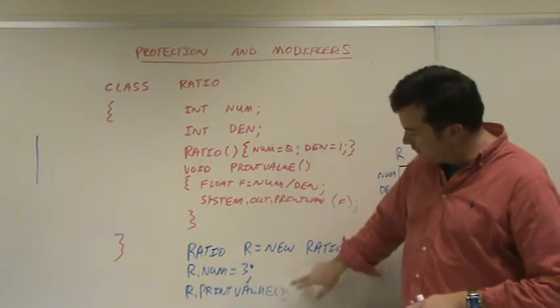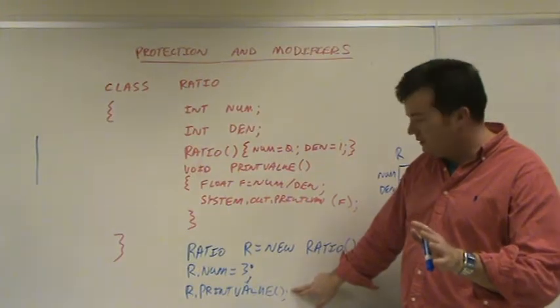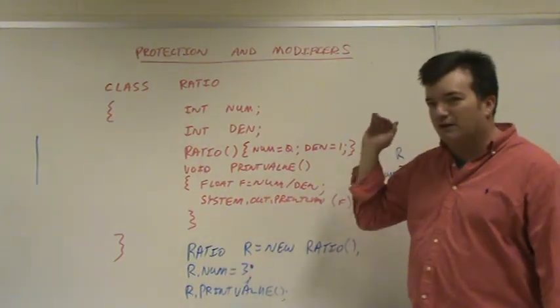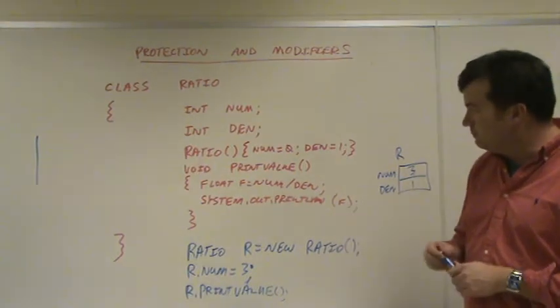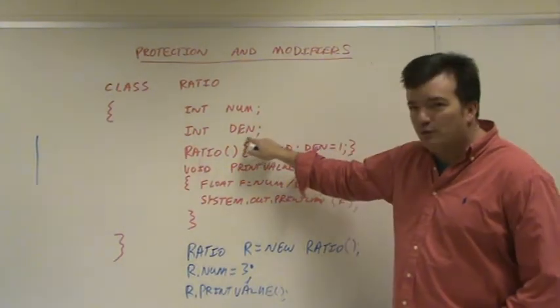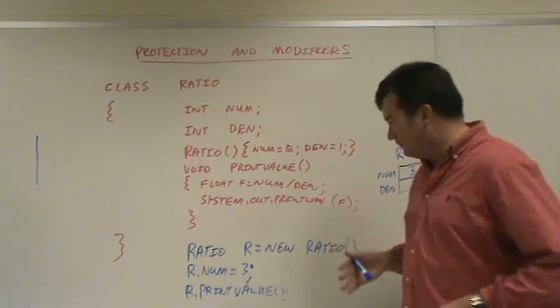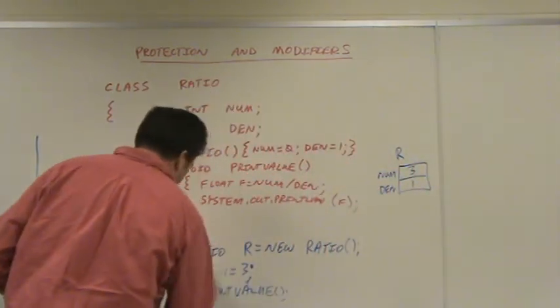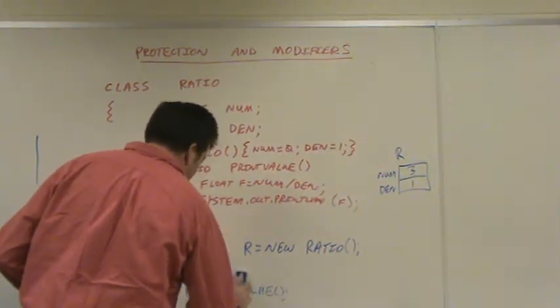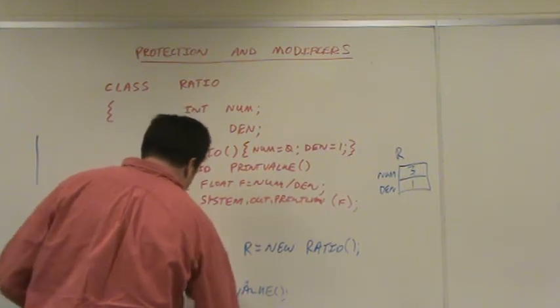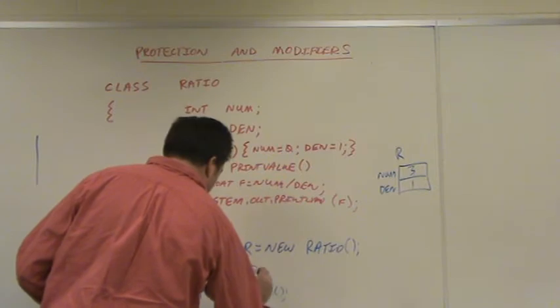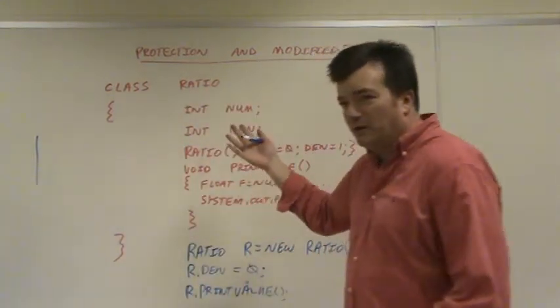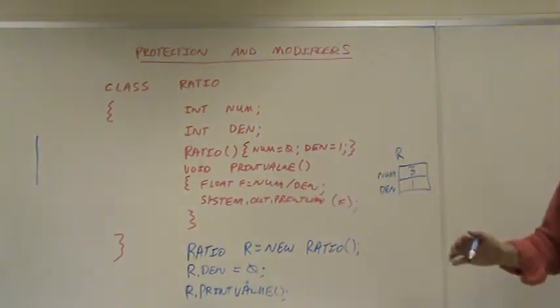We could let the print function work, but we don't want people to directly write to the numerator or the denominator. One reason might be someone might not know what they're doing and put a 0 on the denominator. Someone might say denominator equals 0. We don't know how smart they are. They might do that, and we don't want that.